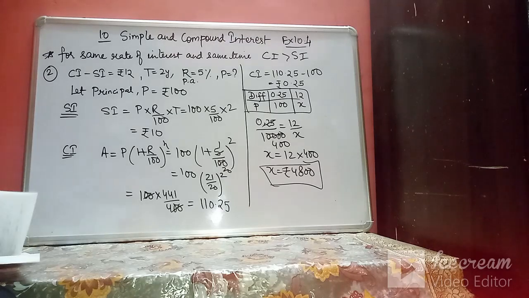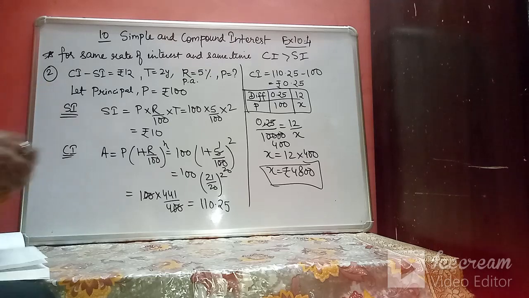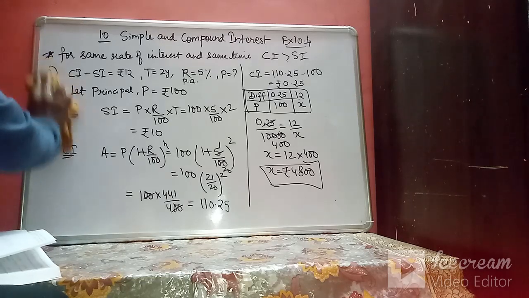Then next is, what is the difference of the CI and SI on 16,000 at the rate of 5% per annum compounded half yearly? So here we have to find the difference of CI and SI. So let's see question number 3.